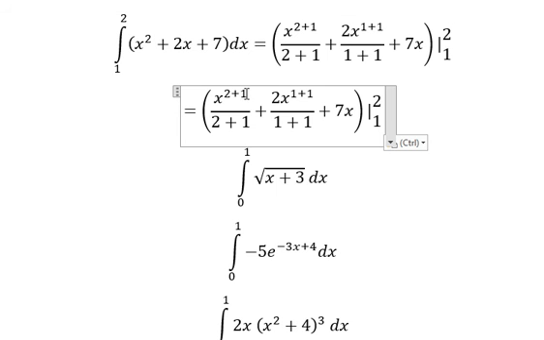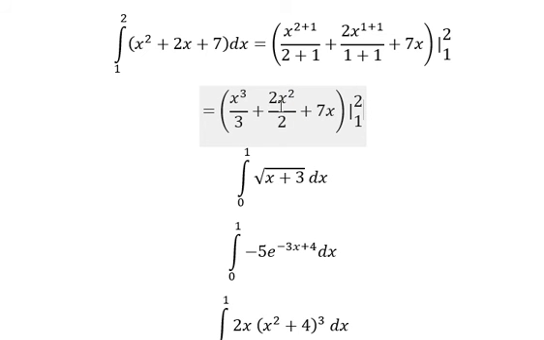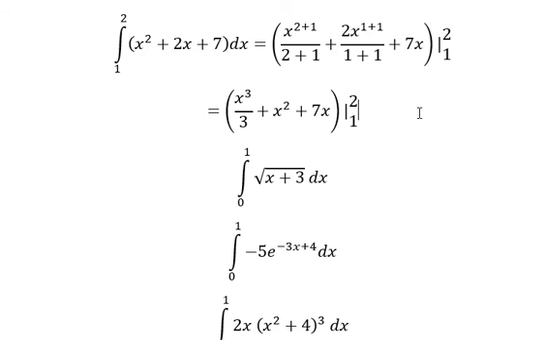So this one we have number 3, number 3, number 2, number 2. 2 divided by 2, we have x squared. And now we can get the final answer.